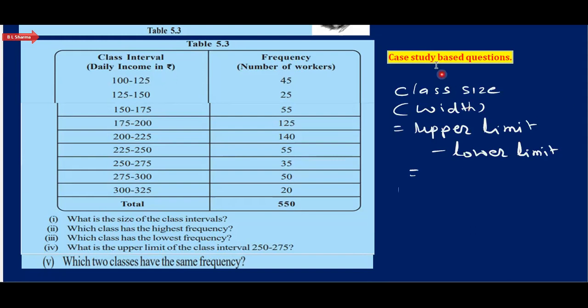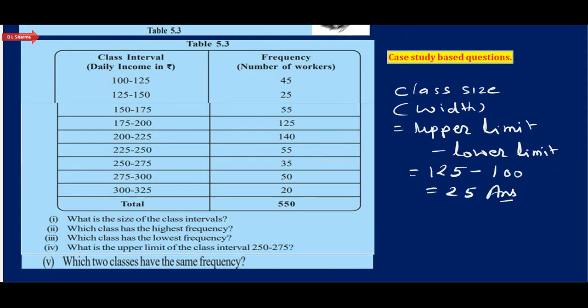You can take any class here. I am taking the first class here. कोई भी class आप ले लीजिए. देखिए जो first class है उसका upper limit 125 है and its lower limit is 100. What is the difference? The difference is 25. So class size or width of the class is 25 here.